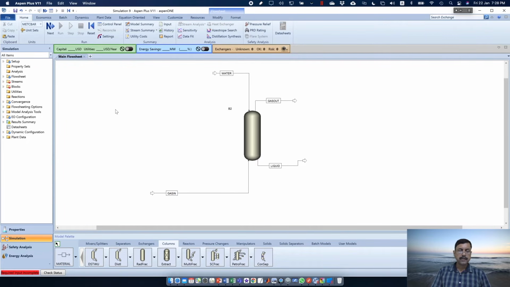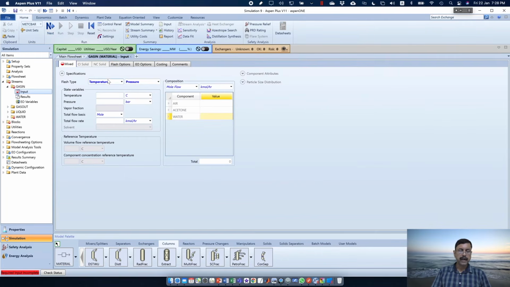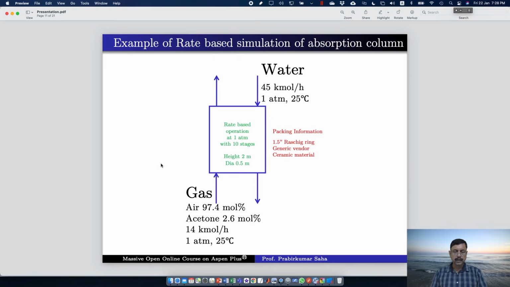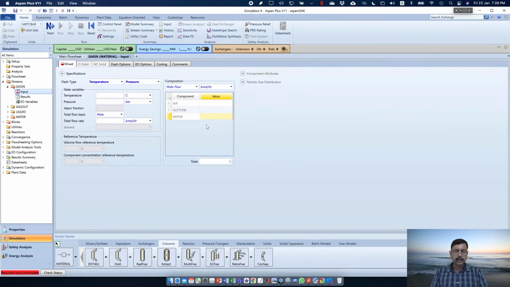Now press next. So it is asking for inputs for gas in. So we know it is air and acetone, 0.974, 0.026.